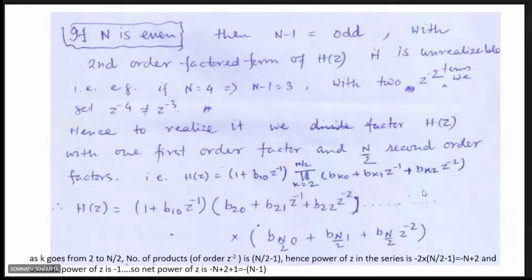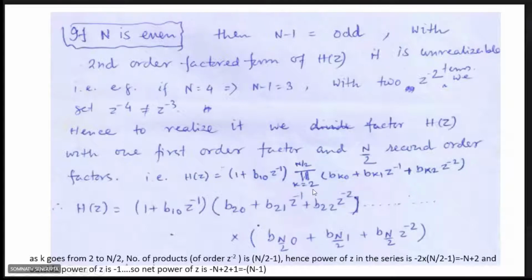As k goes from 2 to n by 2, the number of products is n by 2 minus 2 plus 1. You have to add 1 because of the number of terms when you take the difference.